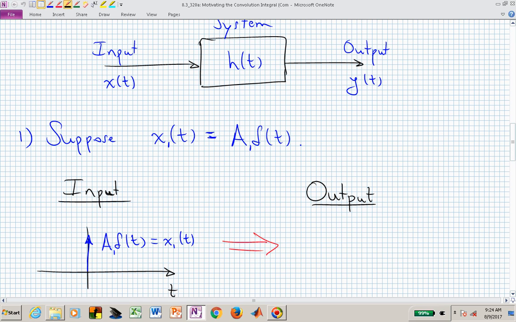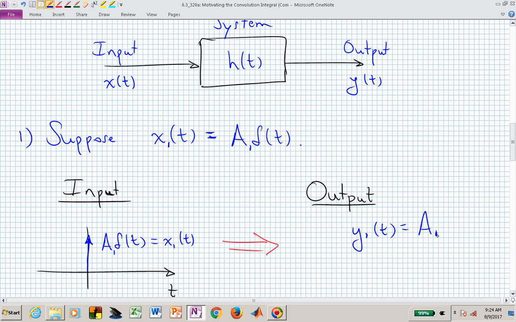Now that we have that, what does the output look like if we hit our system with an impulse? Granted, it's a weighted impulse, but what have we learned in previous videos? If we apply an impulse function to a system, what happens in the output? What is y sub 1 of t? If we apply an impulse function at the input, y sub 1 of t is just a scaled version.